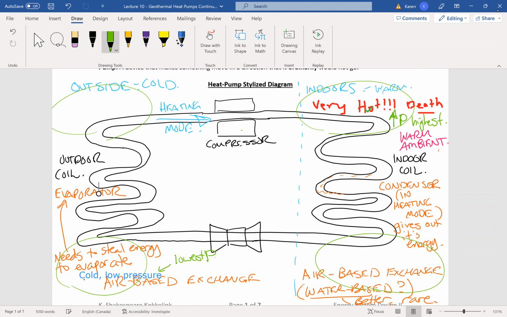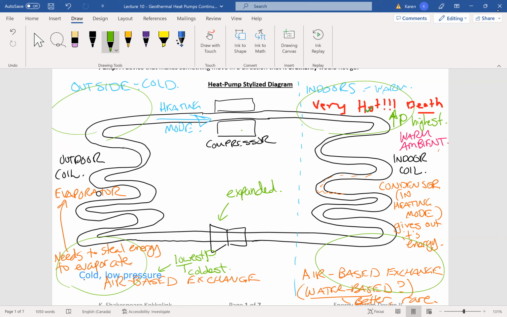It just went through the expansion valve, which now looks like this, right? So it expanded. That means that pressure decreased, right? And it got coldest, right?